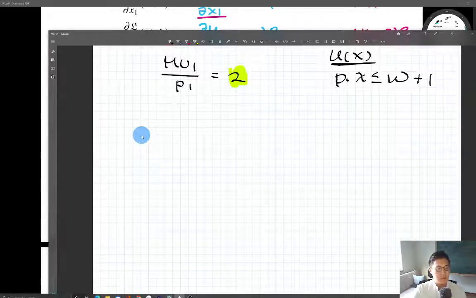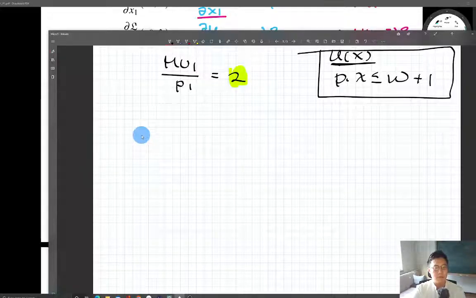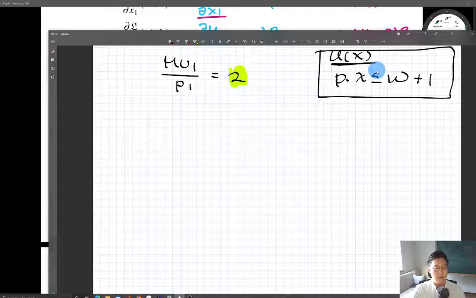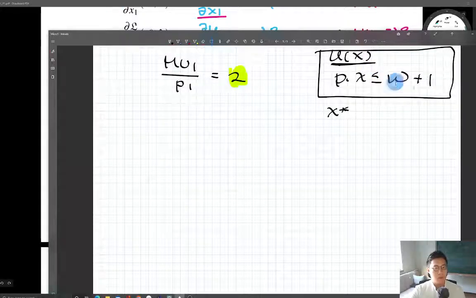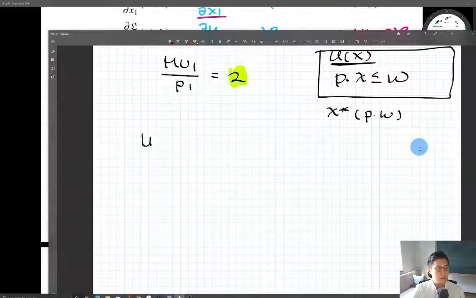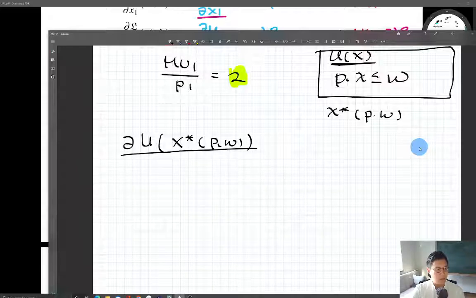Suppose that we solve this optimization problem without the additional dollar. Then x star is a function of p and w, and the highest level of utility he can attain is going to be this. If we take this and take the partial derivative with respect to income, that gives us the increment of the highest level of utility from having one more dollar. That is the marginal utility from income.